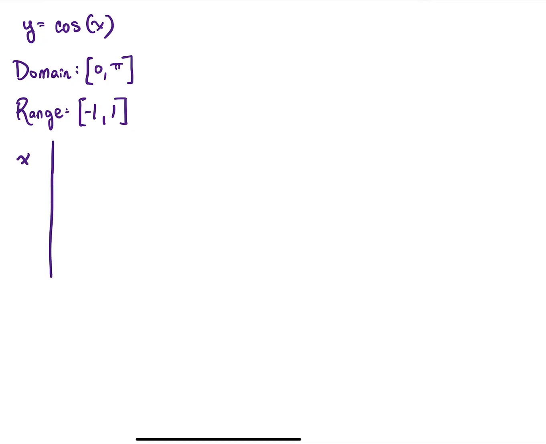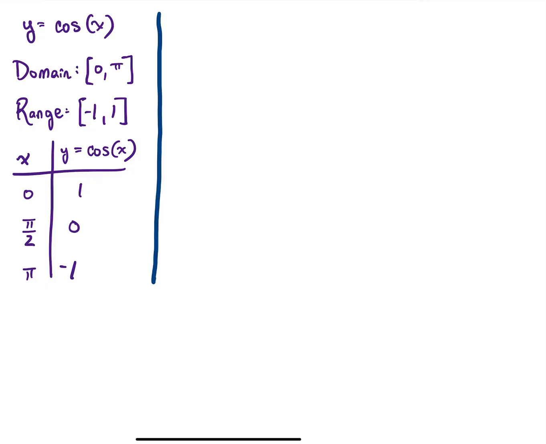Can build a few values. So cosine of 0 is +1. Let's put pi over 2 in the middle here. Cosine of pi over 2 is 0. And the cosine of pi is -1. So let's use those 3 points.